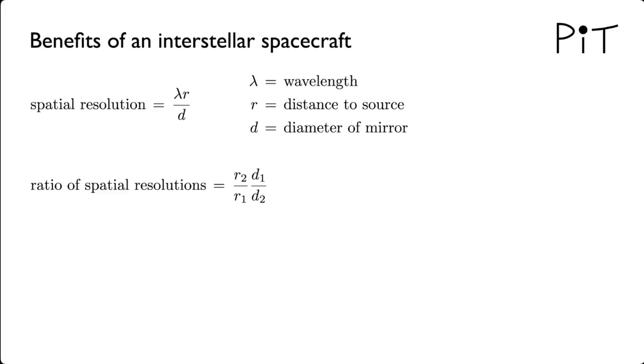The resolution of the telescope on the spacecraft is therefore 0.1 over 100 times 270,000 divided by 0.1, or 2,700 times larger than the resolution of the telescope on the Earth. This will give the telescope on the spacecraft a spatial scale of 0.023 Earth radii, which is of course enough to map the surface of an Earth-like planet.